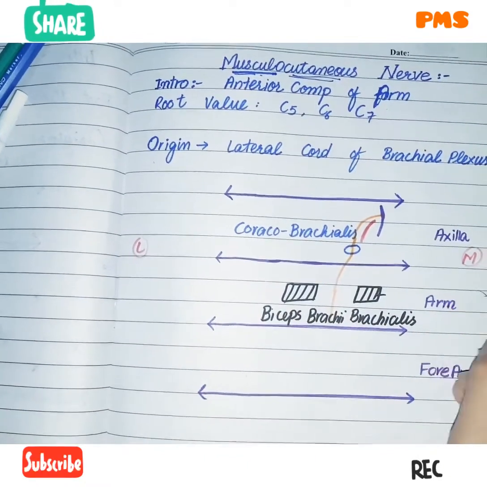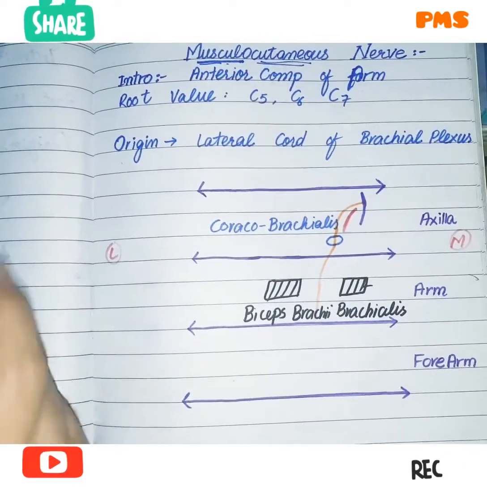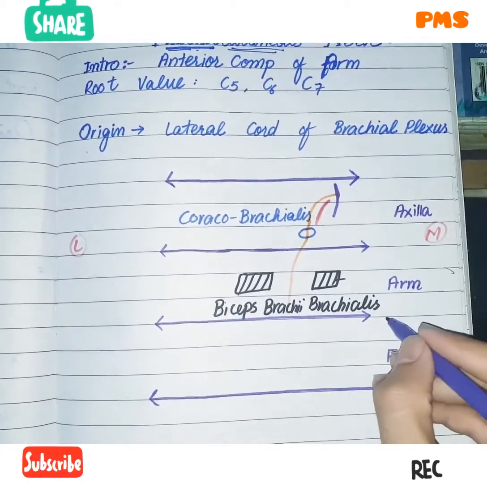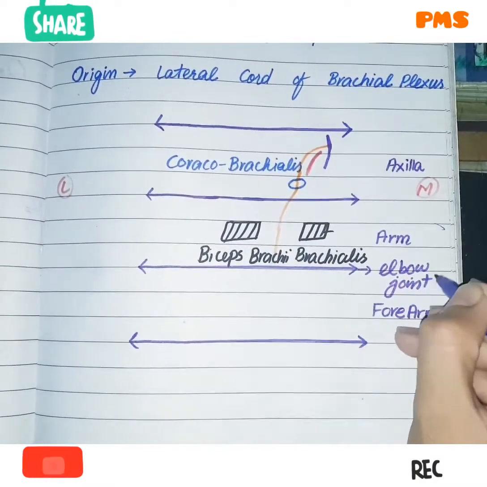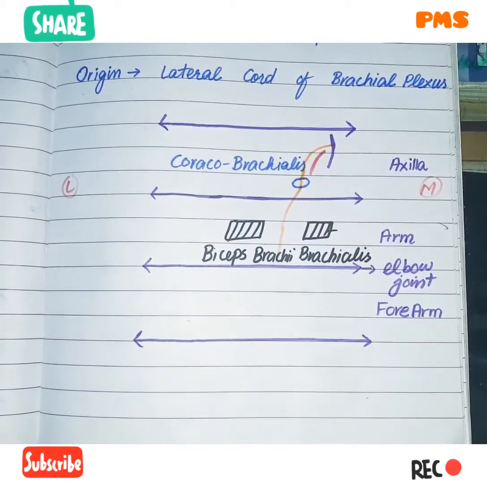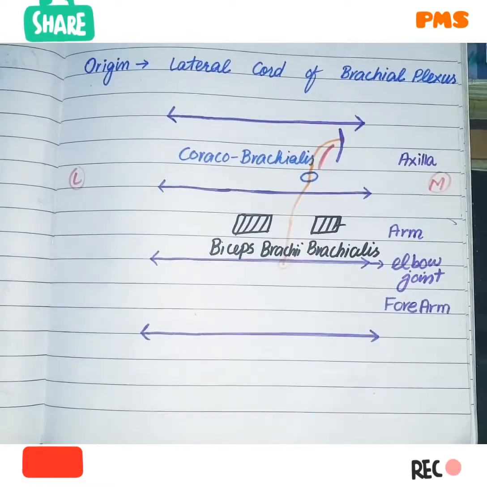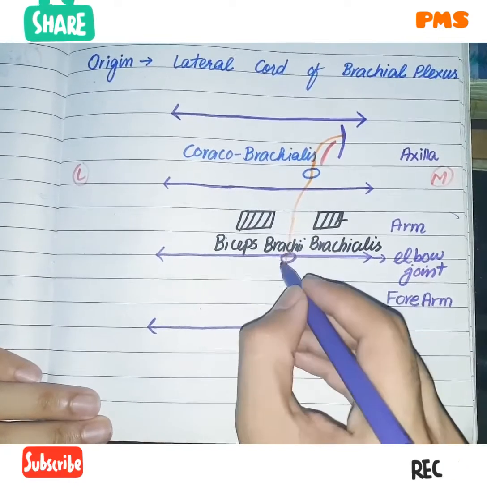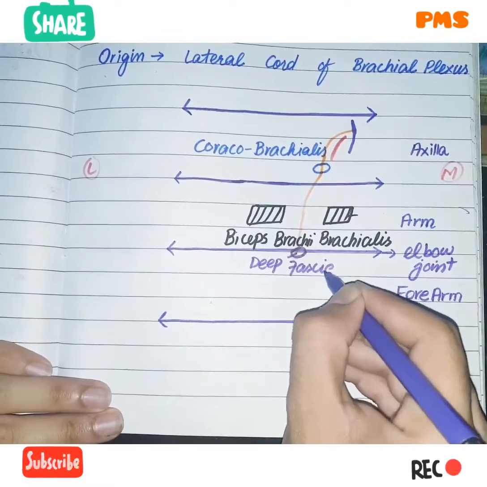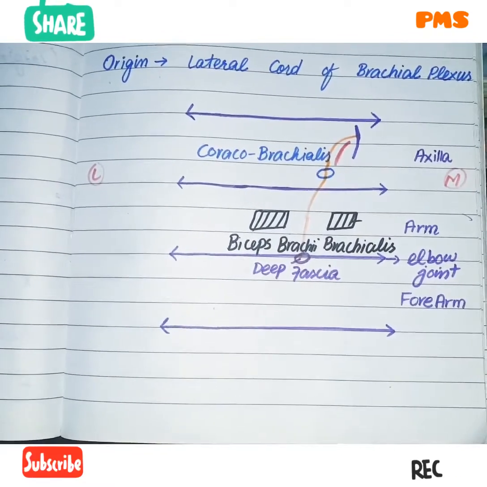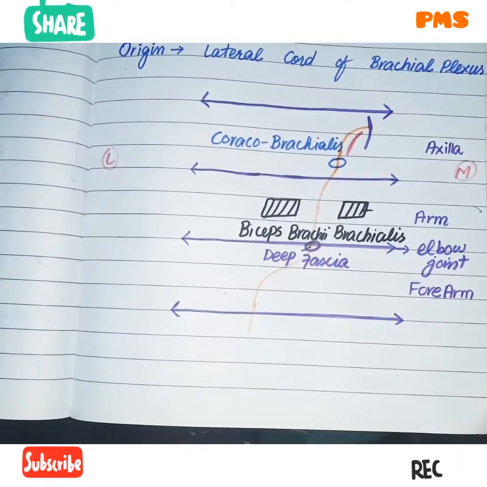Then this landmark is the elbow joint. At the elbow joint, the nerve pierces the deep fascia and becomes cutaneous to supply the lateral aspect of the anterior-posterior side of the forearm.